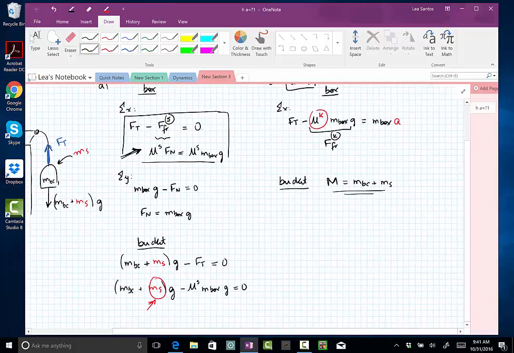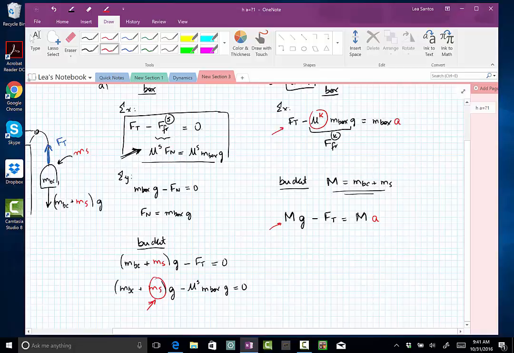Well, the same that we had before, the mass of this whole system, bucket plus sand, g, minus the tension force, and this is equal to M of this whole system, bucket plus sand, a, and a is what we are trying to find. Okay, so now we have these two equations, the equation for the box, the equation for the bucket with sand, and we want to combine them to get the acceleration.